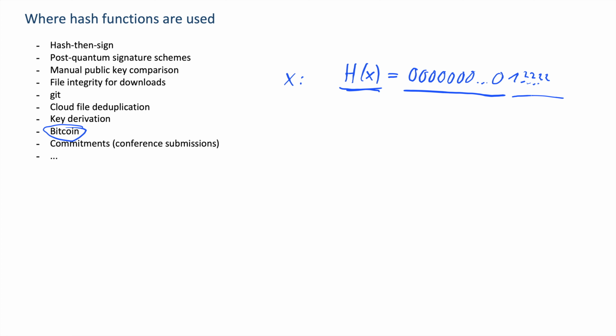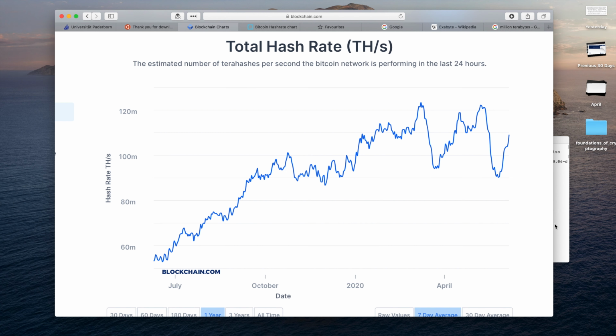And just to give you an idea of scale of this, so you can see how many hashes the Bitcoin network computes. There are other cryptocurrencies, but let's only look at Bitcoin. So the hash rate is measured in terahashes per second. And we are at 122 million terahashes per second. If you compute this out, you get to a decimal number with like 20 zeros per second.